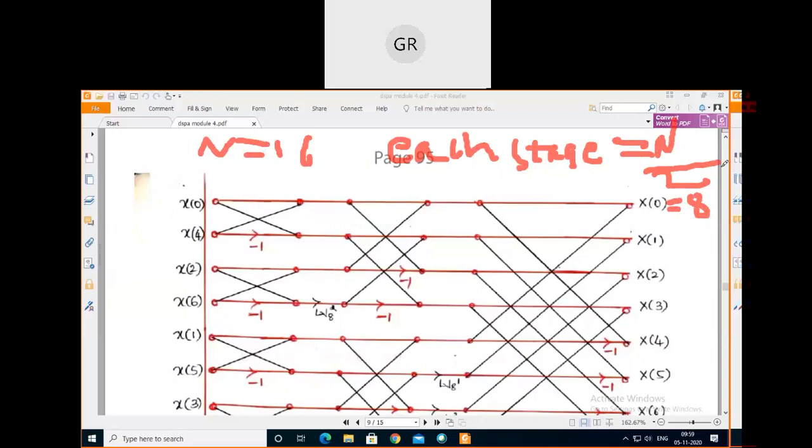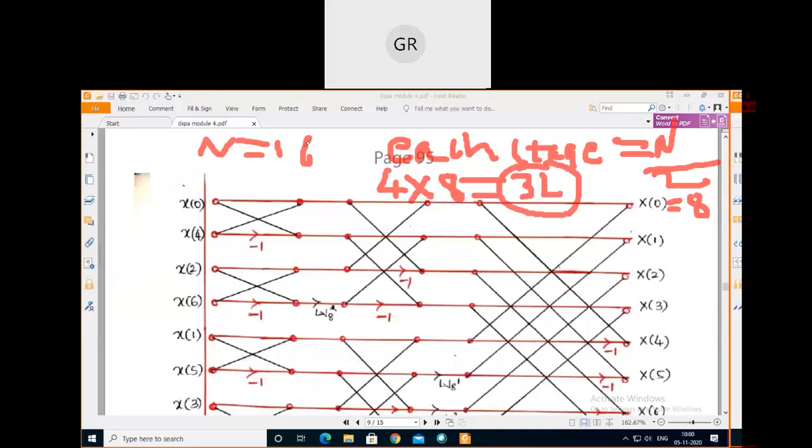Then what is the total number of butterflies? Here, in each stage 8. How many stages? 4 stages. 4 into 8, how much? 32.